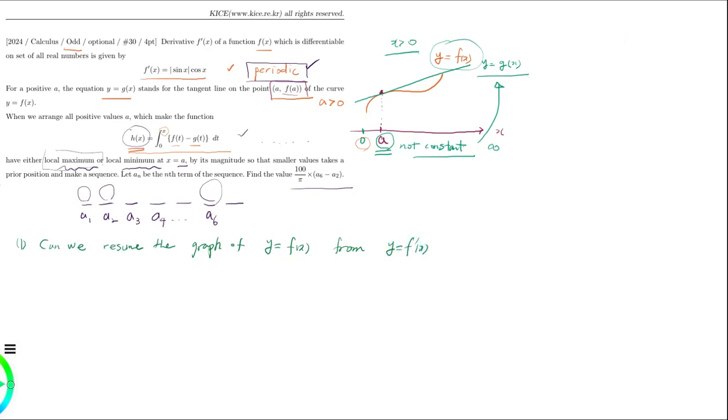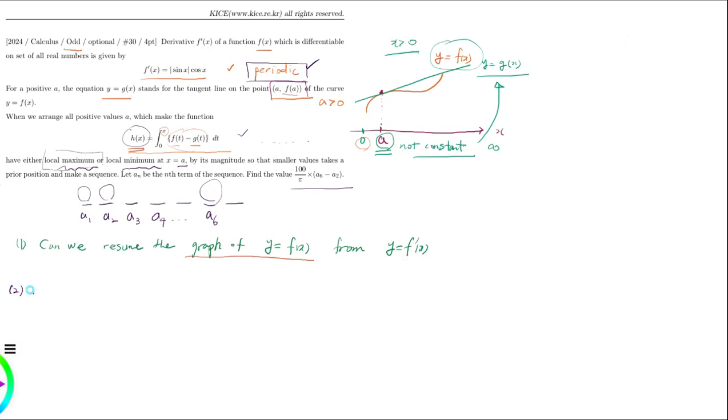Once we can have the graph of the original function, and then we can imagine its tangent line at each point, and then it will give us an advantage to guess the relationship between f(t) minus g(t). This is actually the second point.